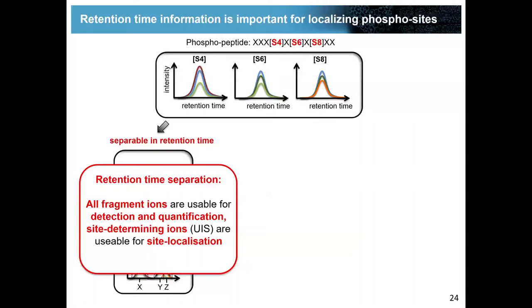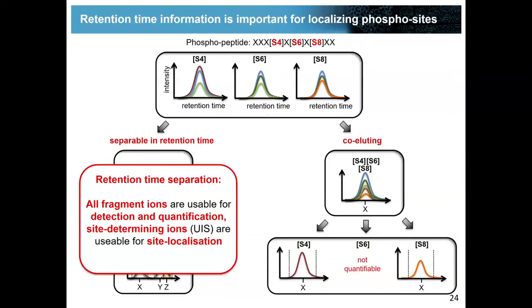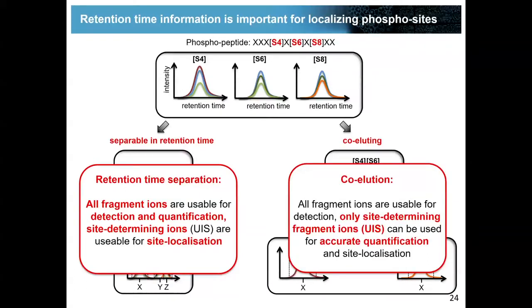In the moment when peaks are co-eluting, the situation is different. So then you just get this one peak, and now you can, of course, also use all fragment ions to identify the peak groups, and to say how many peak groups there are. But if you now want to correctly quantify, you should use just the fragment ions from the unique ion signature.